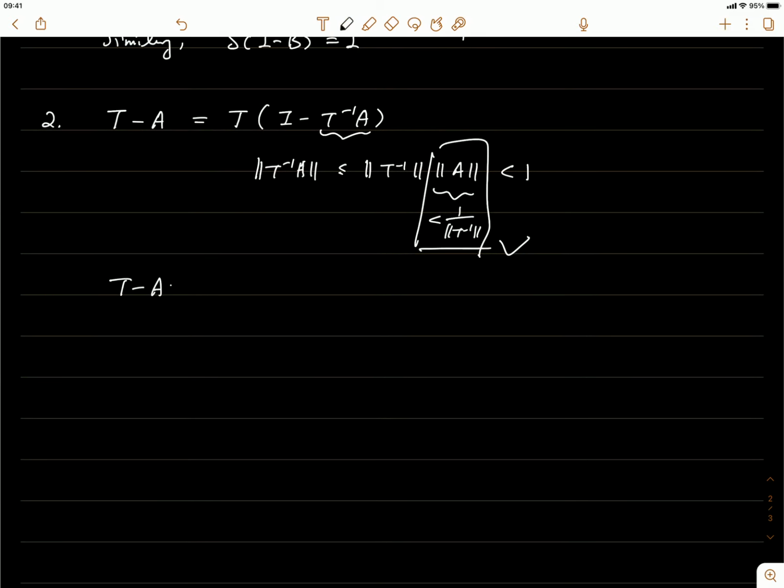Okay, so we can also compute the inverse for that if you're interested. So I have T minus A. We know that it can be written as T times I minus T inverse A, right? And then we can use the Neumann series for this term.